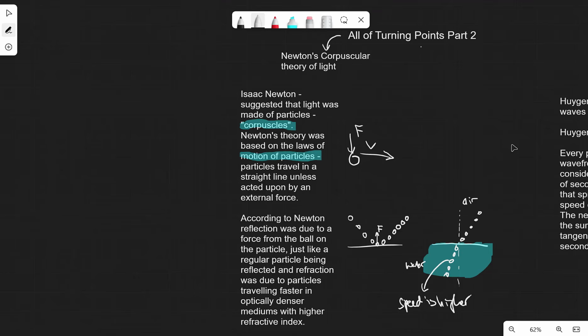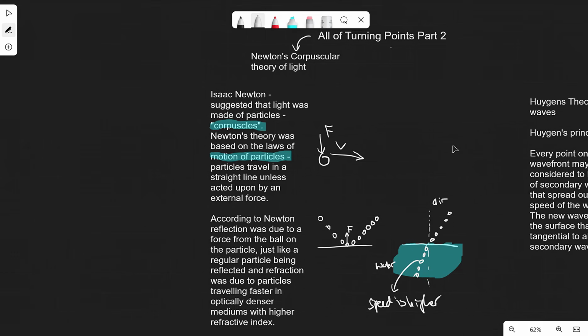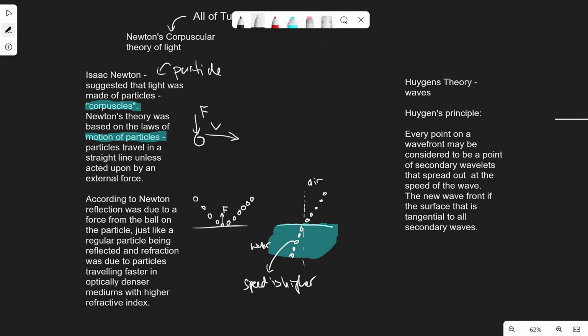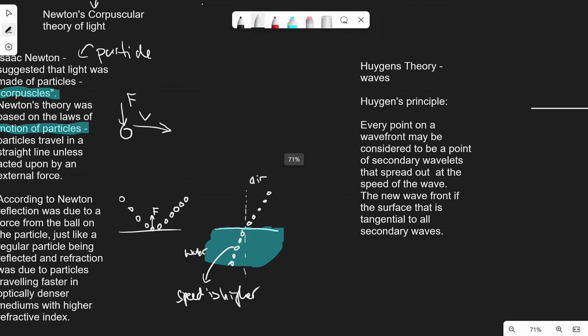Well, there was also a wave theory which was published a few years after Newton had published his particle theory. So remember, corpuscles just means particles. Shall we just say that this here is a particle theory, and the rival theory was Huygens' theory. I think in Dutch it's actually pronounced Huygens.